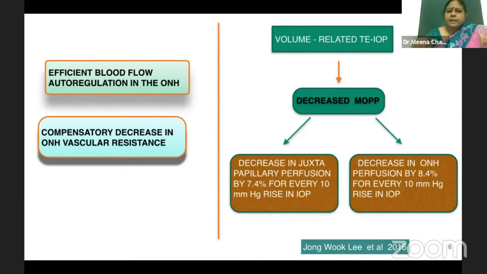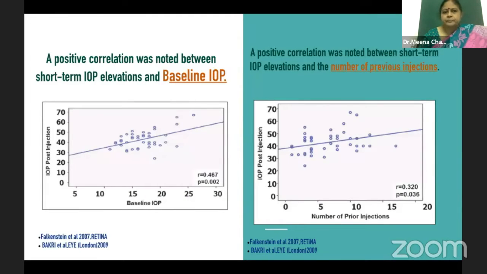However, the very efficient autoregulatory mechanism present in the optic nerve head and the peripapillary retina ensures a compensatory decrease in the optic nerve head vascular resistance, which takes care of this transient decreased mean ocular pulse pressure. So we are safe unless we are dealing with an eye which is already compromised with primary open-angle glaucoma and has extensive optic nerve head damage.